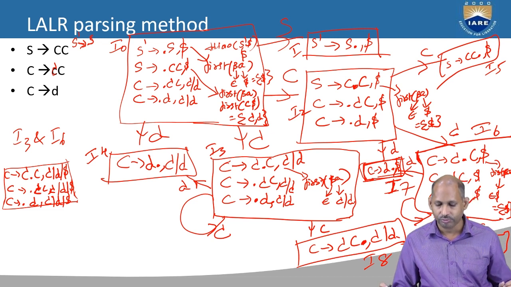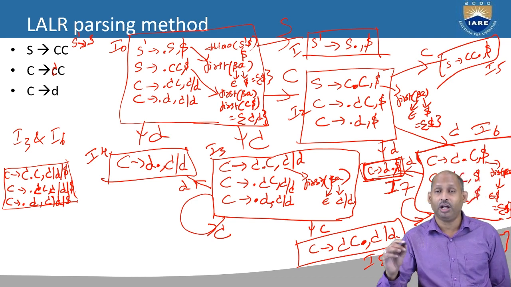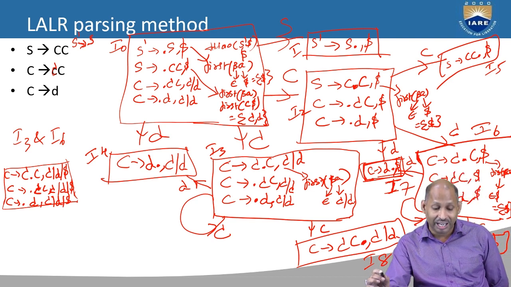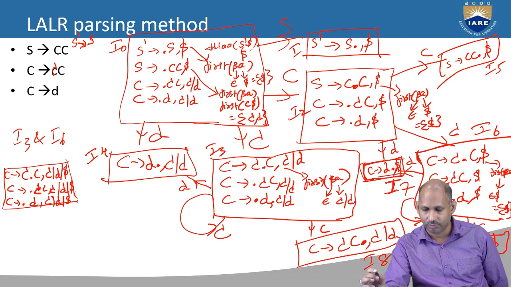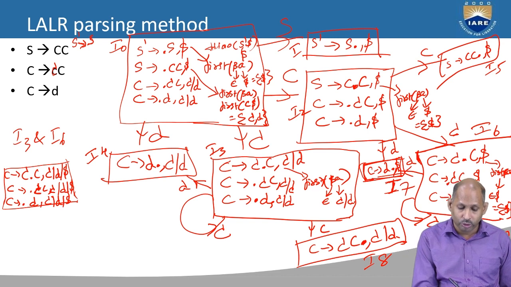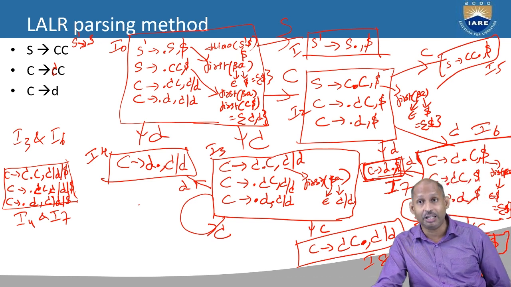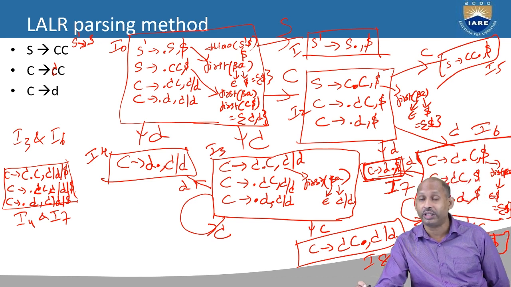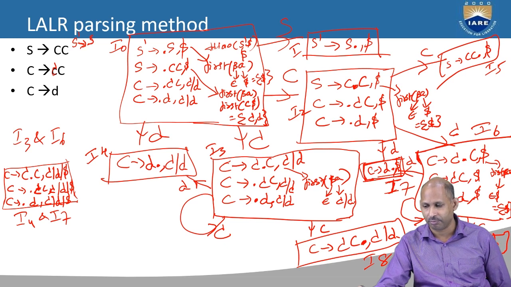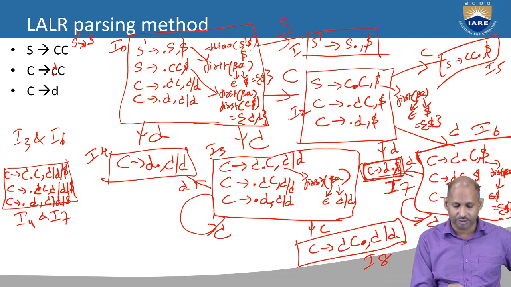Next, I3 and I6 is over. Then, if you observe other groups, I4 and I7, both have the same production, but the lookahead symbols are different.